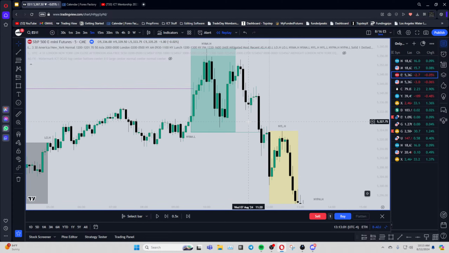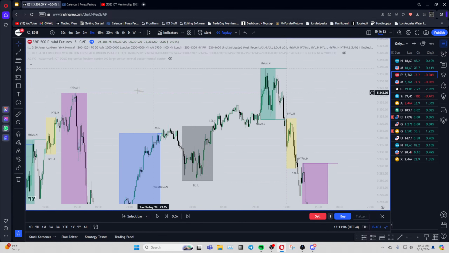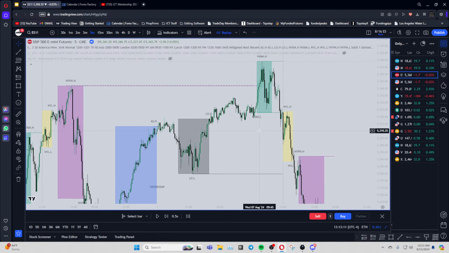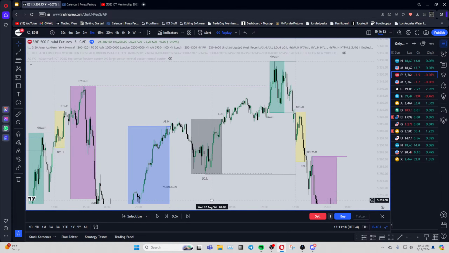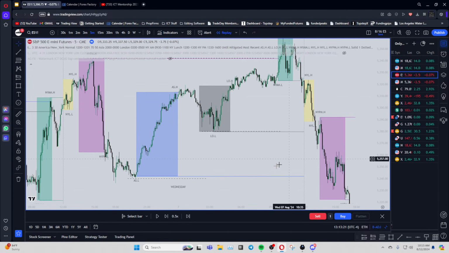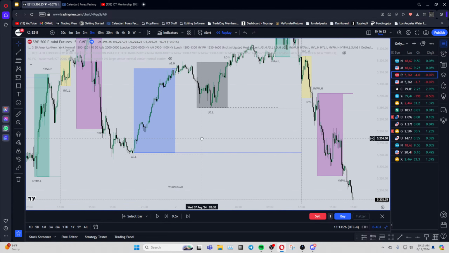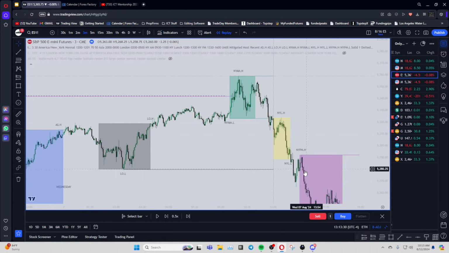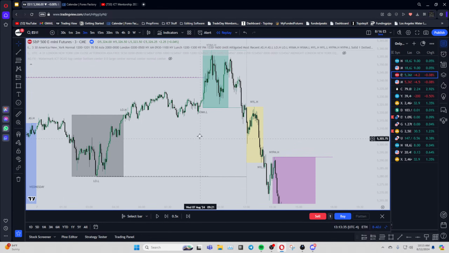Okay, so if we're coming up and we're taking out this buy side over here, and we have all these stacked lows, what's even more significant is we have London and then Asia, and those have not been swept. So if price comes down here and say it sweeps London right here.